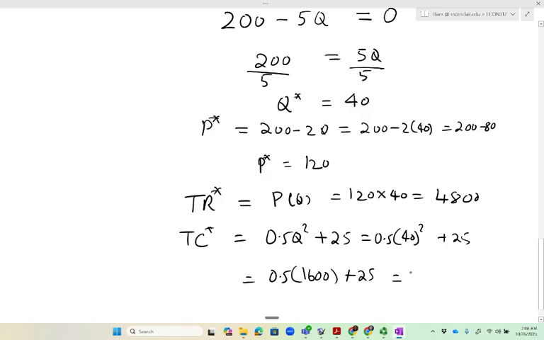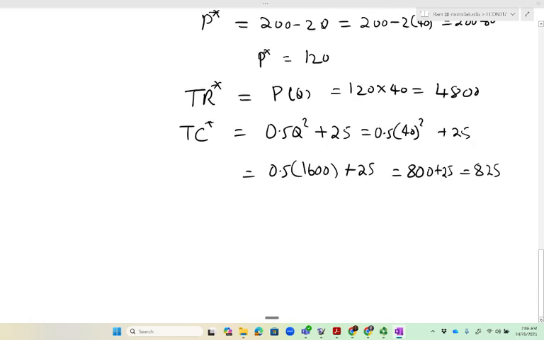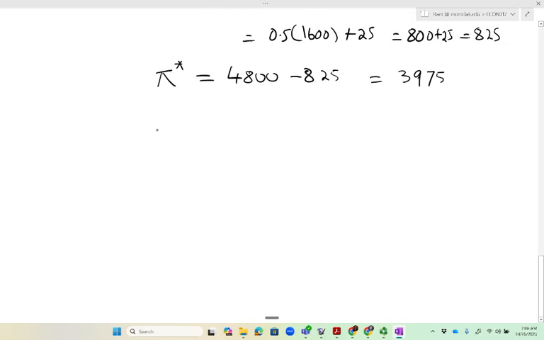Half of 1600 is 800 plus 25. The total cost turns out to be 825. Now we know the revenue, we know the cost, the profit. Here the maximum profit is 4,800 minus 825 turns out to be $3,975. So that's our solution.